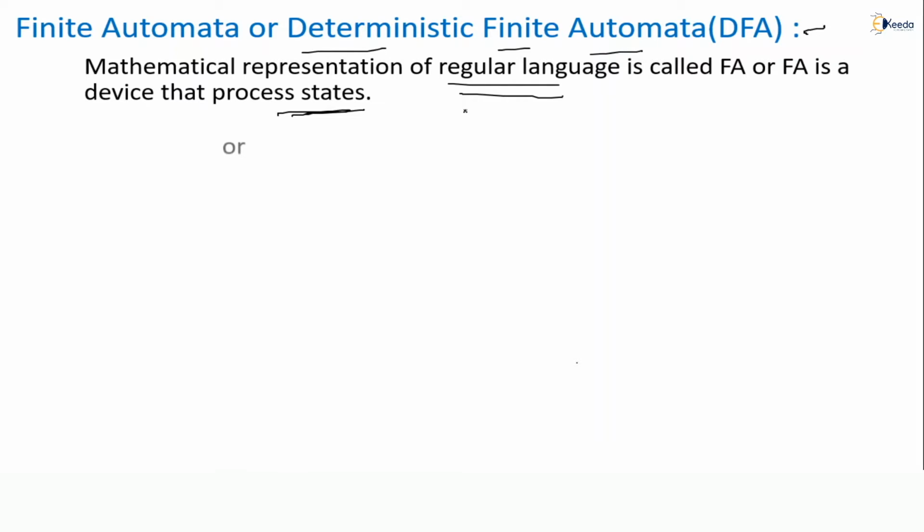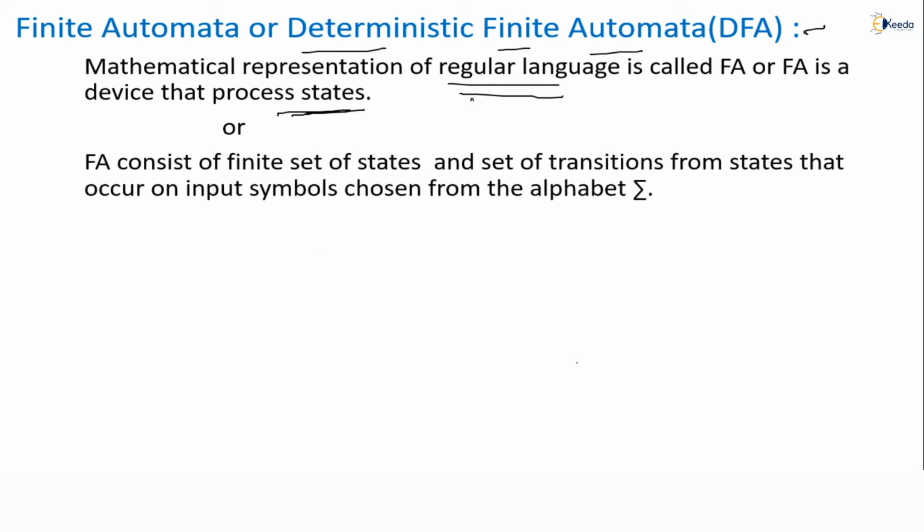Another definition: FA consists of a finite set of states and a set of transitions from states that occur on an input symbol chosen from the alphabet sigma. In this definition, so many terms are there. What is alphabet? What is symbol? What is language?